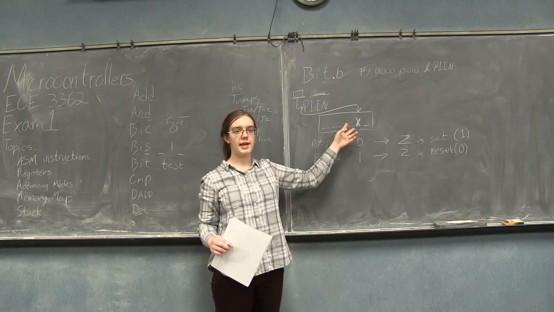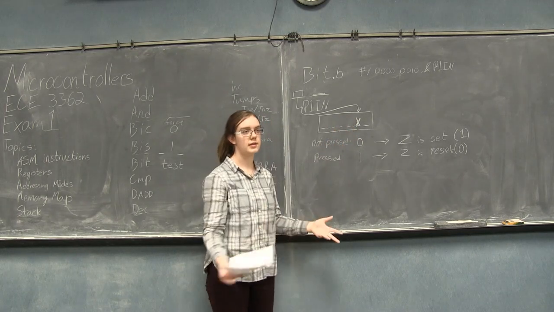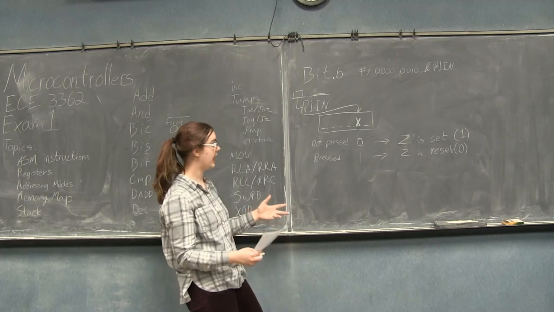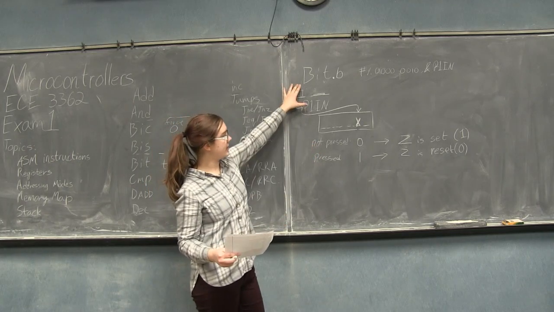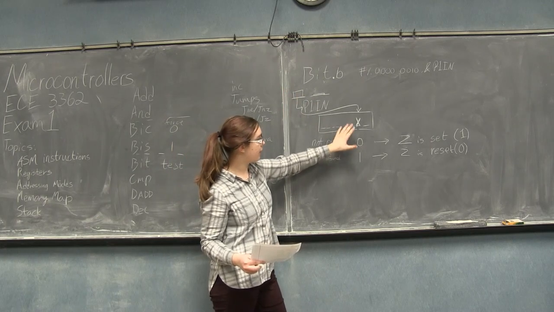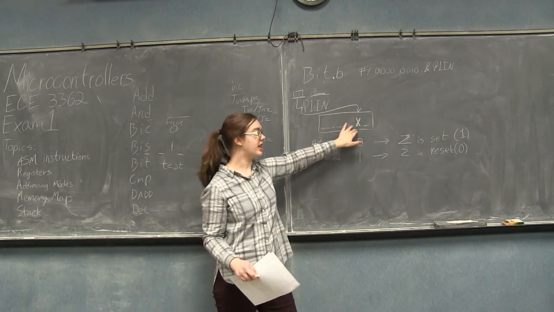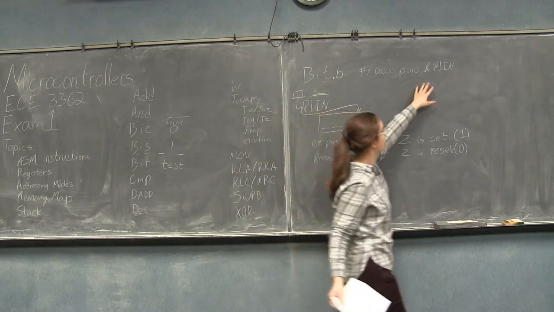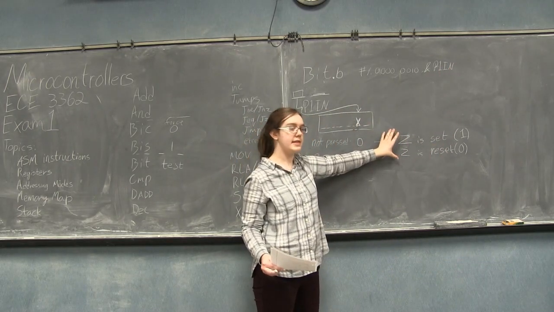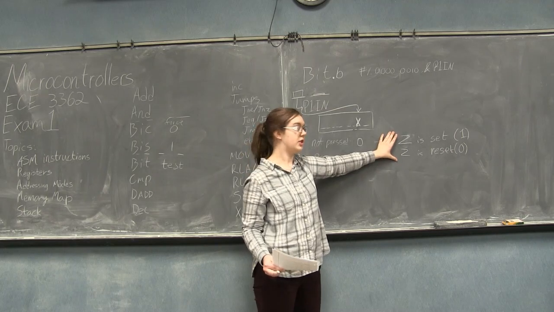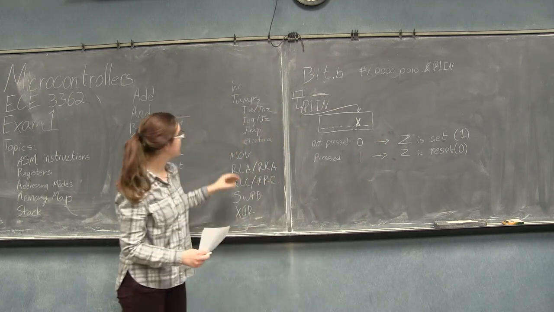But just because it's read right here, we need to actually program what to do around it and how to branch. So what bit test does is it gets this value from this register and moves it into the Z. Now, the Z flag is what we can jump off of.